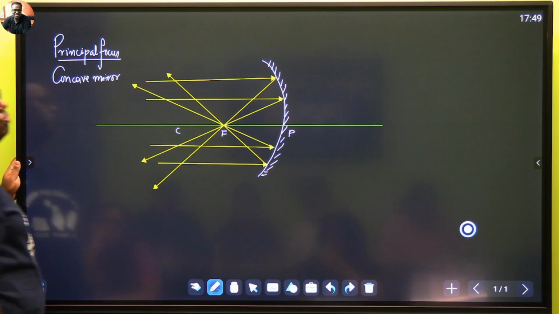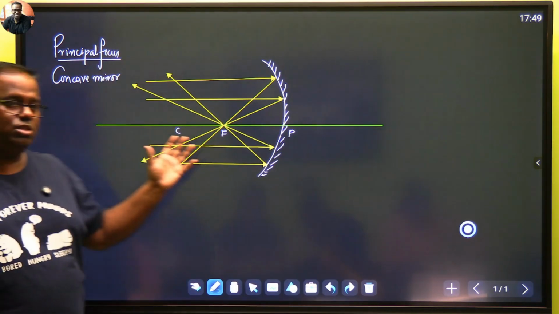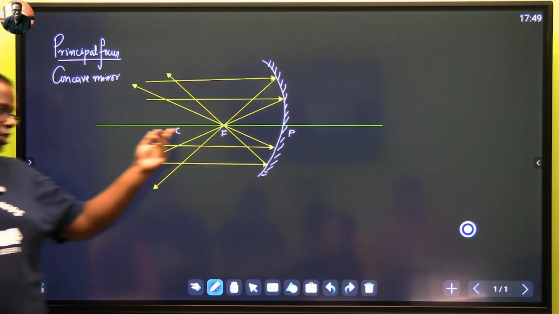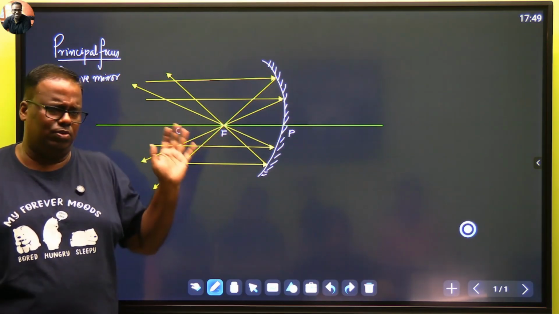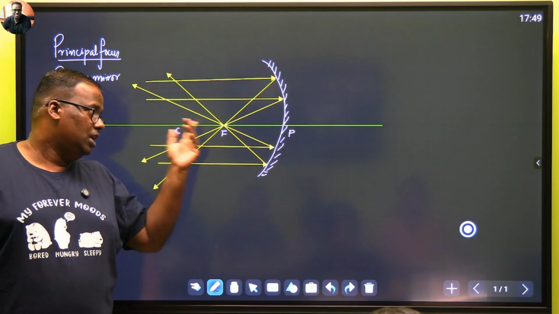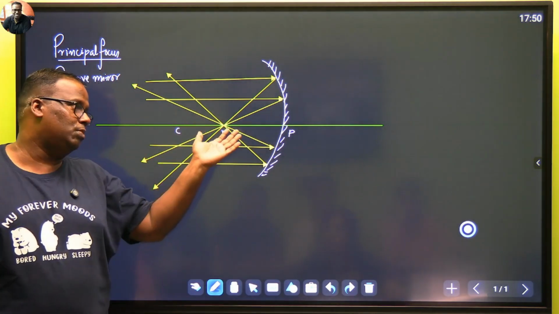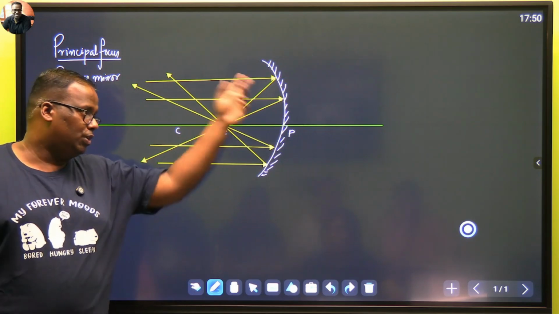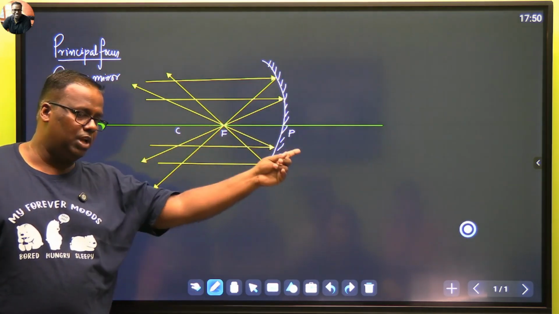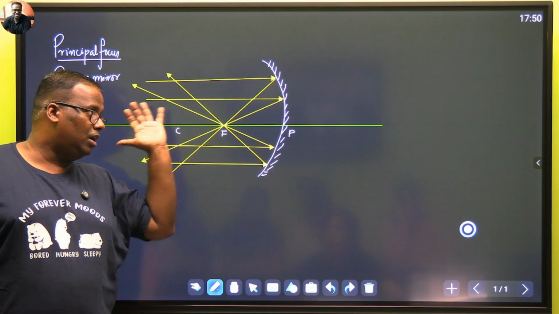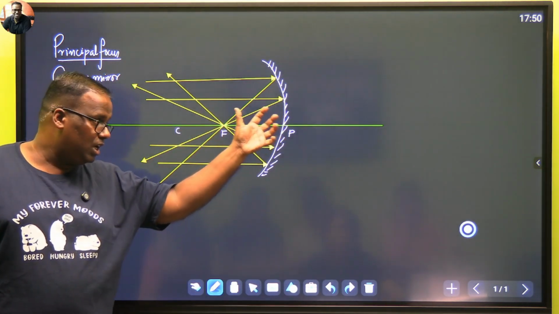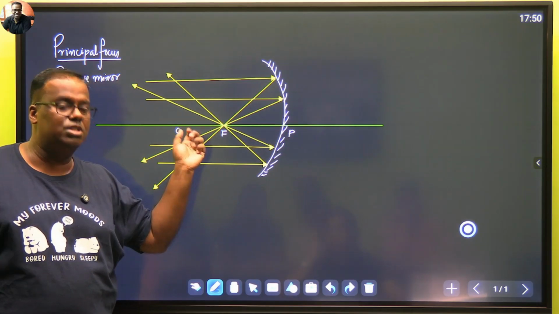Okay, so how do we say? The principal focus of a concave mirror is a point on the principal axis. It's not yet time to write all the definitions, it is being recorded, keep listening. Listen more so that you absorb it. The principal focus of a concave mirror is a point on the principal axis at which a parallel beam of rays, after getting reflected from the concave surface, converge.